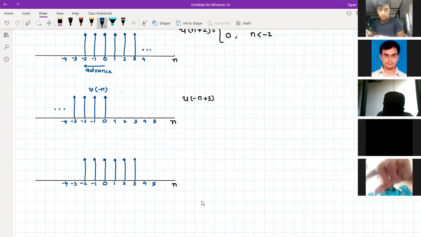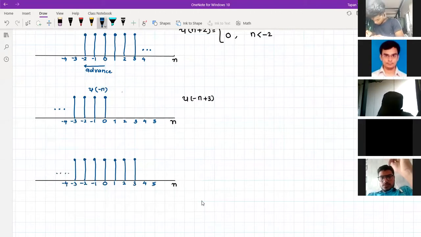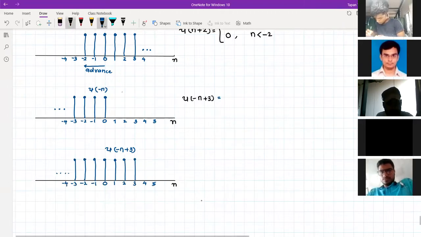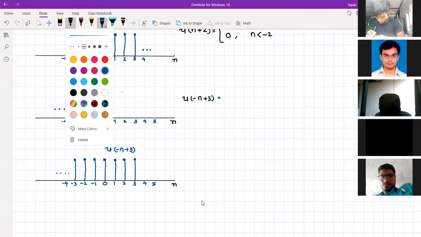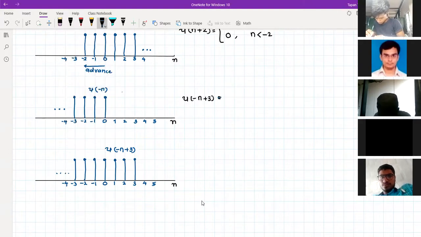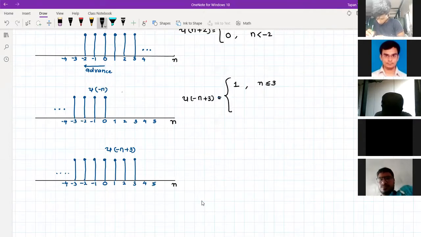Understand? This is u of minus n plus 3. So mathematically, u of minus n plus 3 is equal to 1 for n less than or equal to 3 and 0 for n greater than 3.